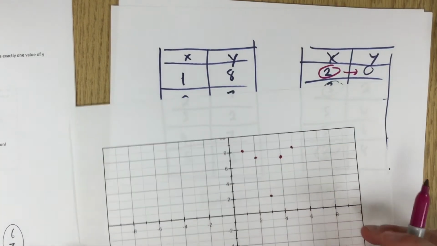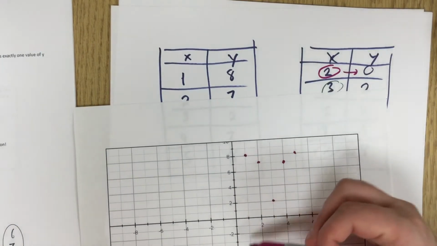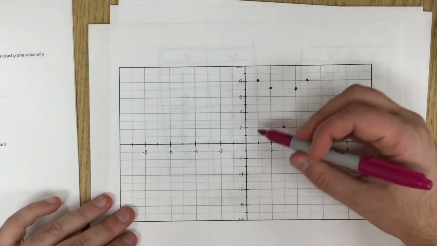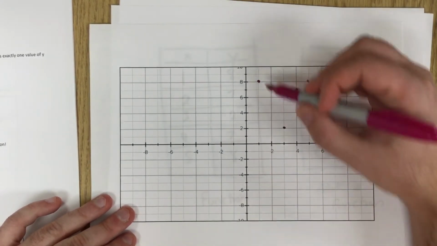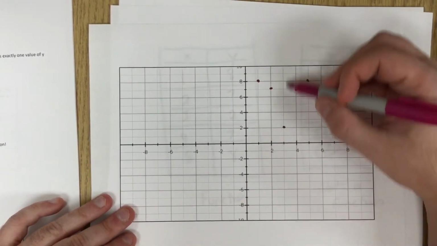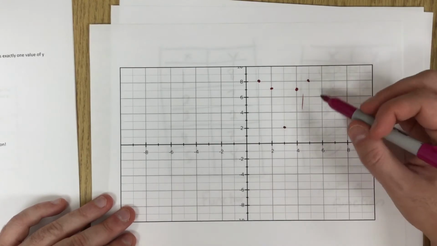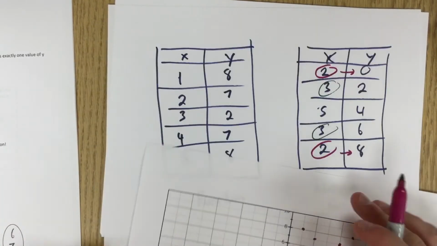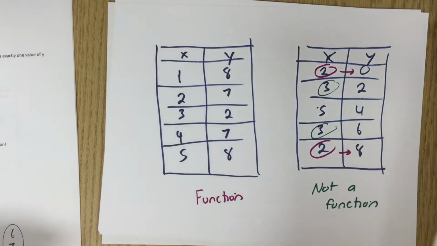What we notice is that for every x, there's only one value of y. For this x, that's the only dot. For this x, only dot. For this x, only dot. So this one, as we found out, was a function.